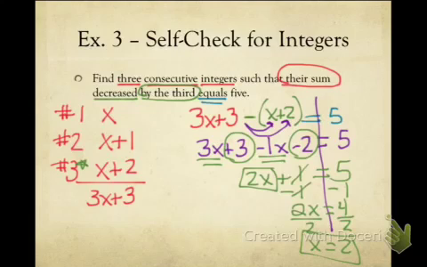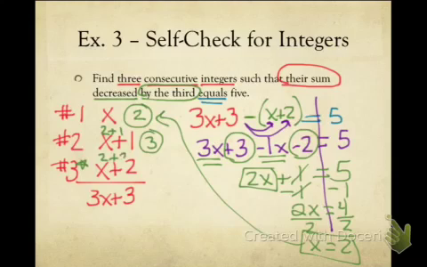Now it is an integer, it's a nice number, and it's going to come back and represent my first consecutive integer. Then I'm going to add 1 to get my next, and I'm going to add 2 to get my last. So my set of numbers that work are 2, 3, and 4.